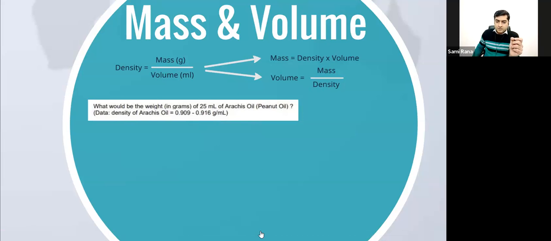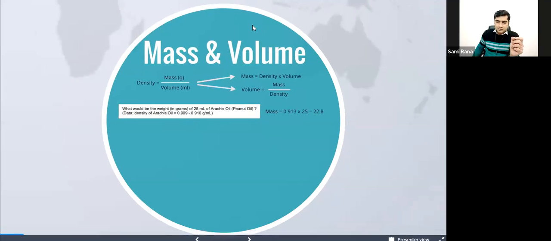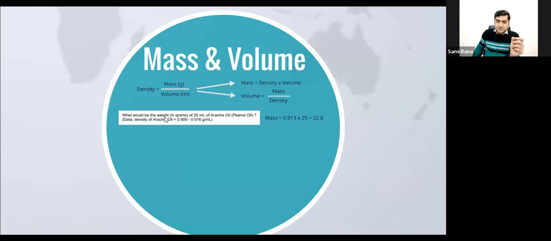So we will use the formula that says about mass. We want to find the mass. What would be the weight in grams? So we know that mass is equal to density into volume. Density is given here. Density of arachis oil is 0.909 to 0.916. So we have taken the mean value, that is 0.913.